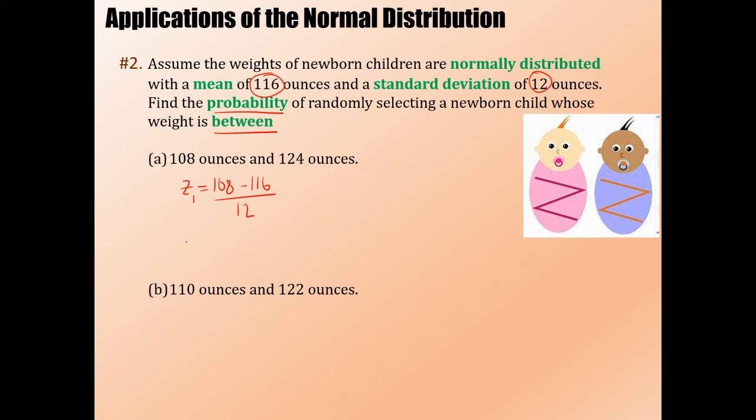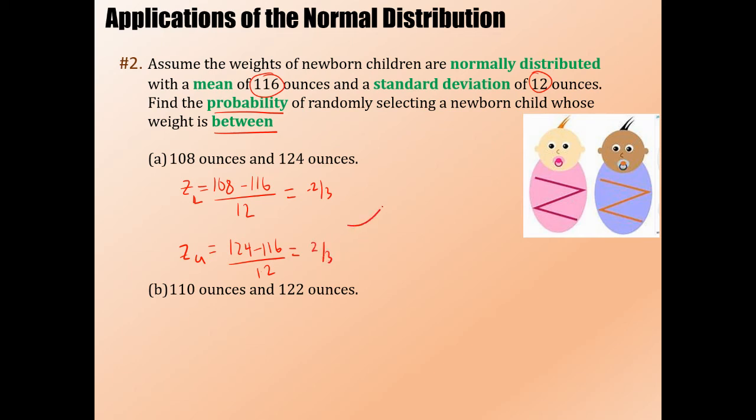So for the lower and then the upper, I'm going to have 124 minus 116 over 12, 108 minus 116 divided by 12. It's like negative 2/3. I'm going to leave it like that. And then 124 minus 116 divided by 12, I get 2/3.